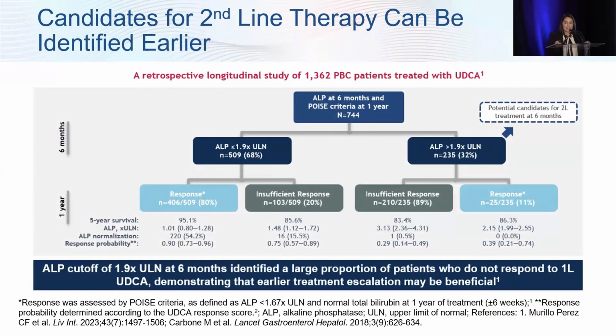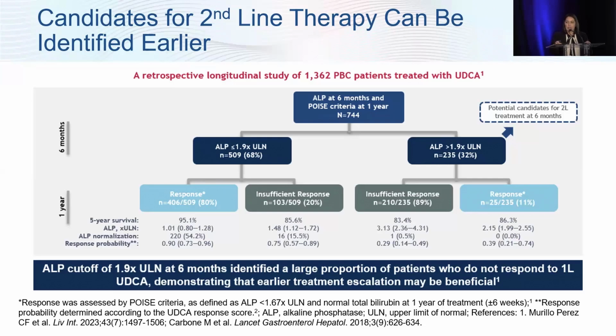And so this is the data really showing us that considering the response to urso after 6 months compared to full 12 months of therapy is probably a good idea. So of those patients, the 32% that at 6 months didn't have an adequate response to urso in the POISE trial, when you looked at those same patients a year later, almost 90% of them still did not have an adequate response to urso.